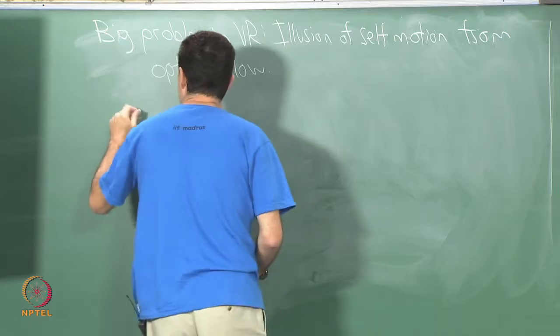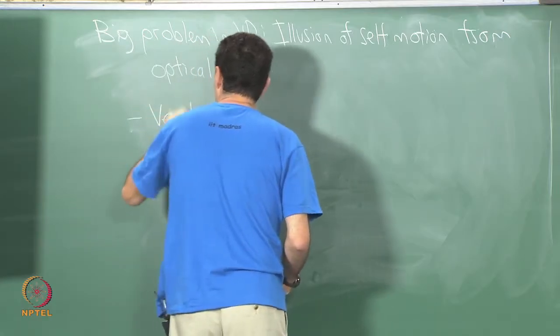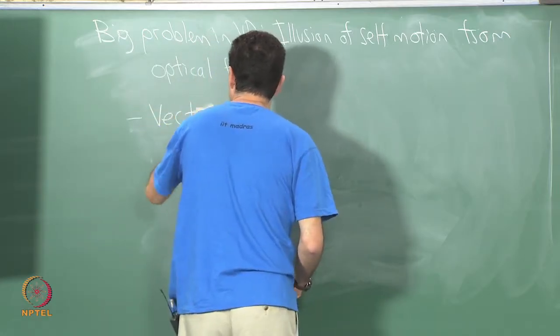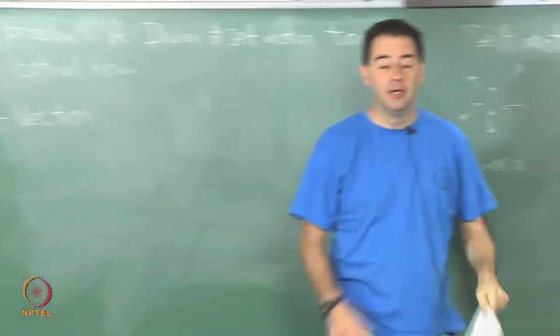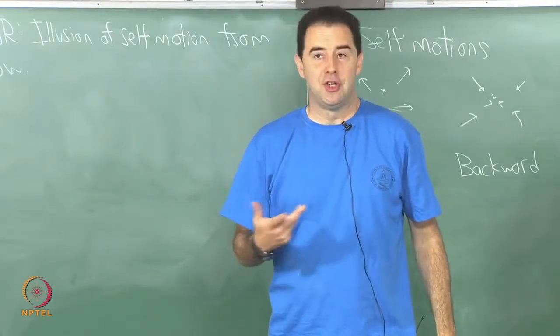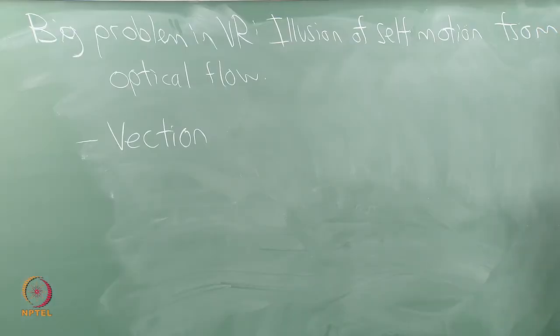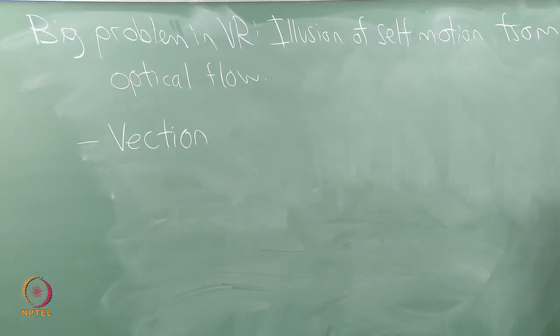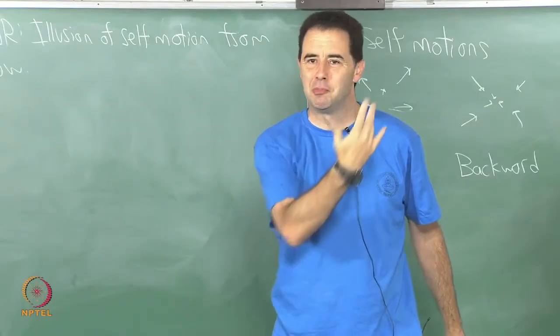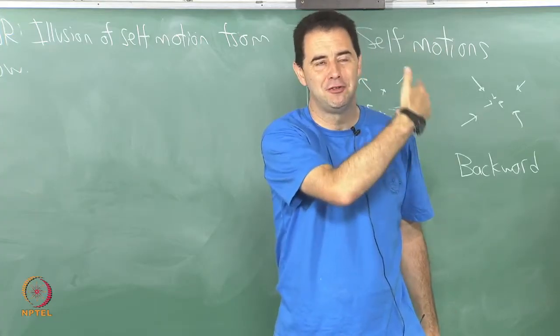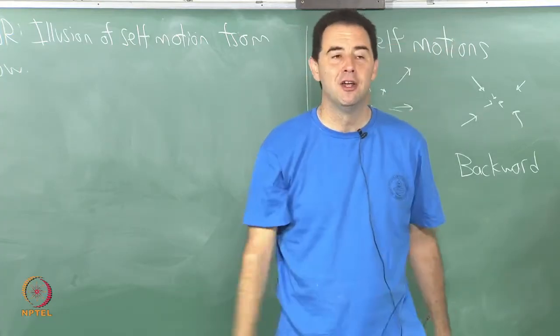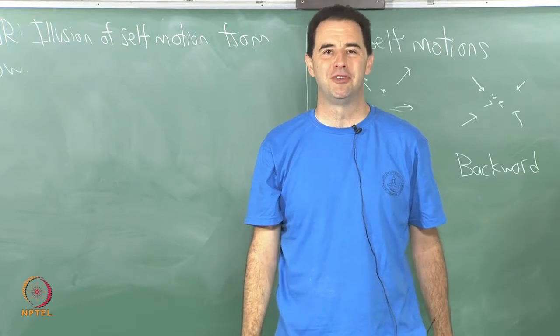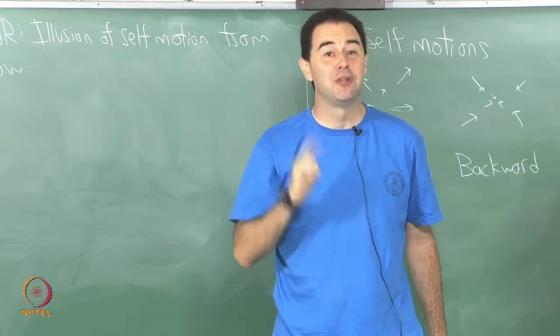This is called vection. I've said this before. If you're sitting stationary in a train and the train next to you starts moving, you're looking out the window, maybe you're not even paying a lot of attention, in fact. It's your peripheral vision that notices that there's some motion to the side. You get a feeling like you're going backwards all of a sudden, right? So it's the illusion of self-motion.